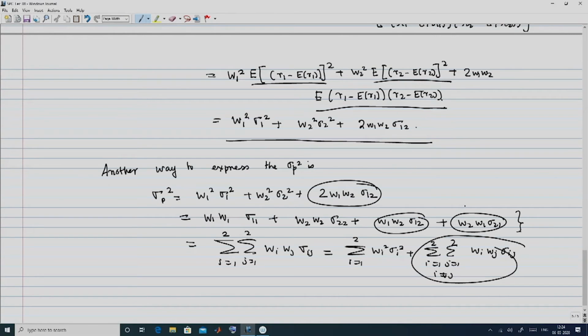So, this basically will collate to these two terms, and this will correspond to these terms.